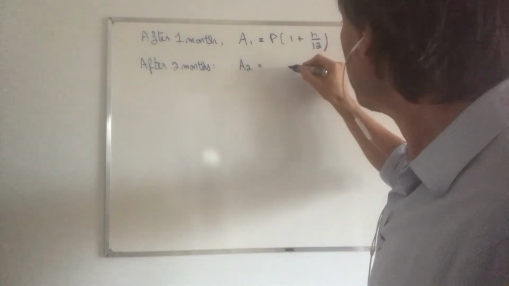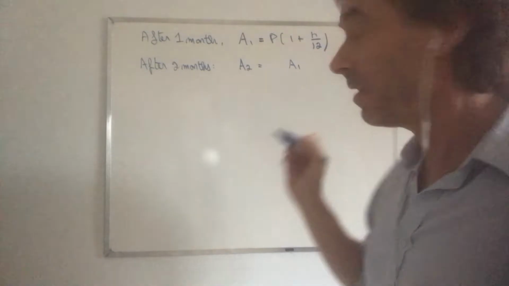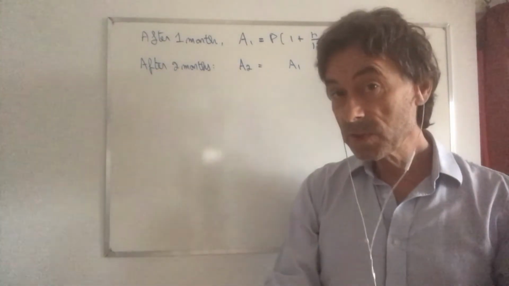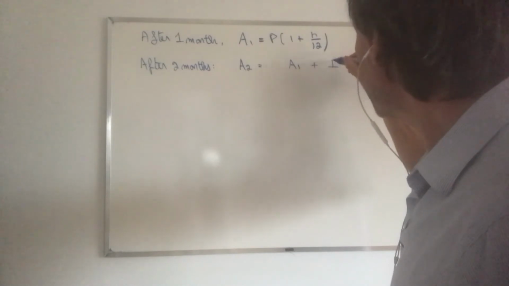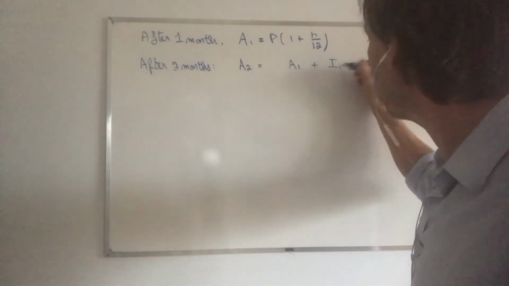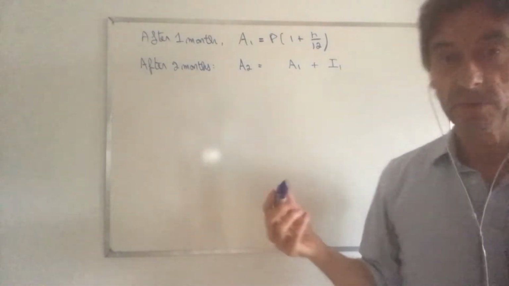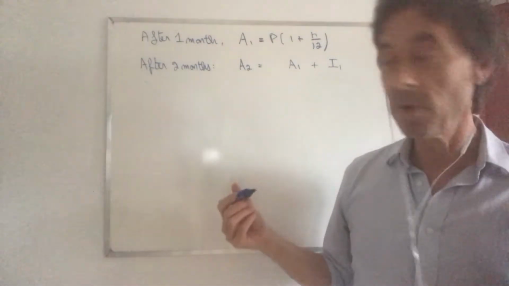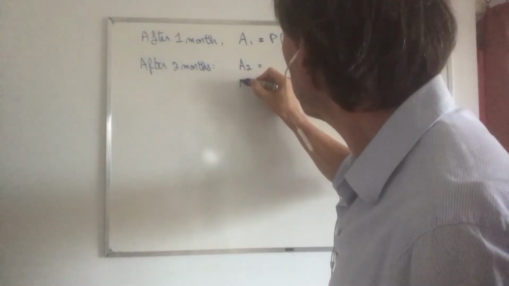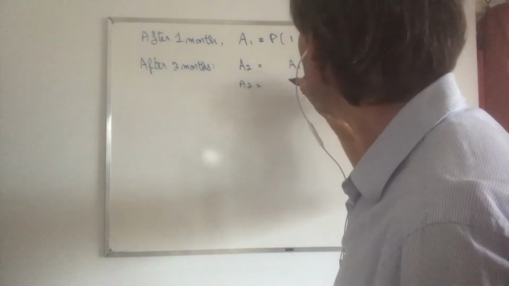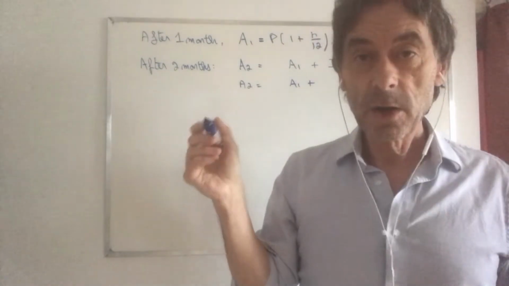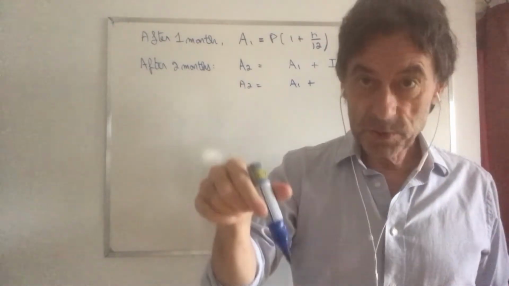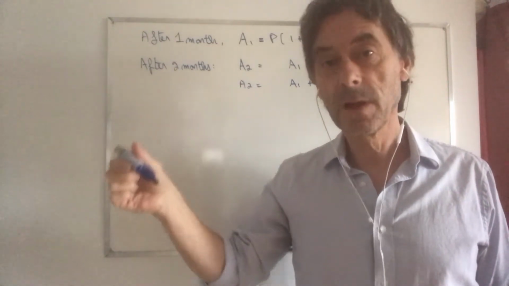And this will be the amount that I had before plus the interest that it earns, let's call it interest for the first time you get interest, I1. And what is that? This is A1 plus, how do we calculate interest? Principal times rate times time.